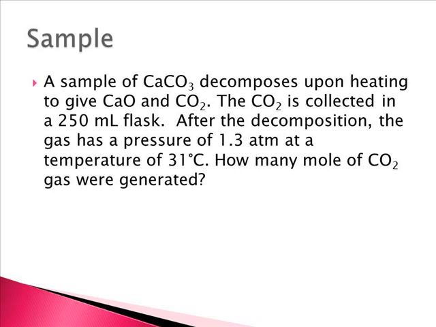On the right, we can take our R, 0.08206, multiply it by the temperature in Kelvin. Now, for Kelvin, we have to add 273, so that makes it 304 Kelvin. So 0.08206 times 304 gives us 24.95-ish liter atmospheres per mole.